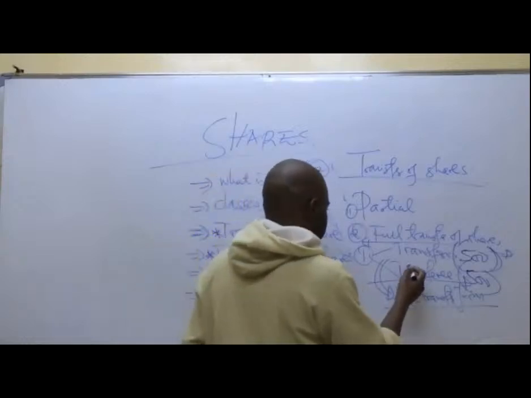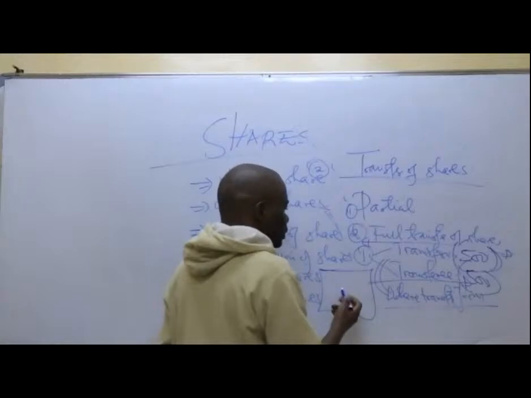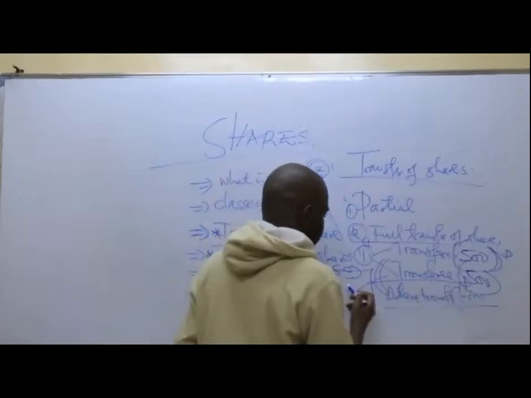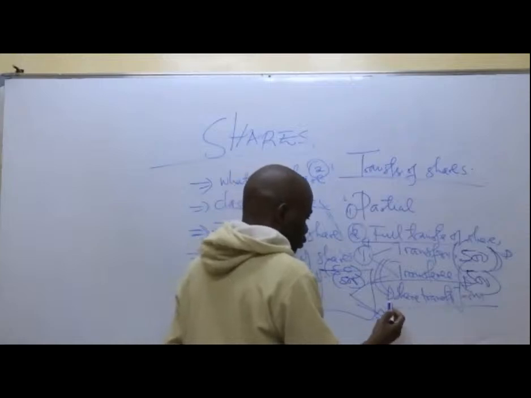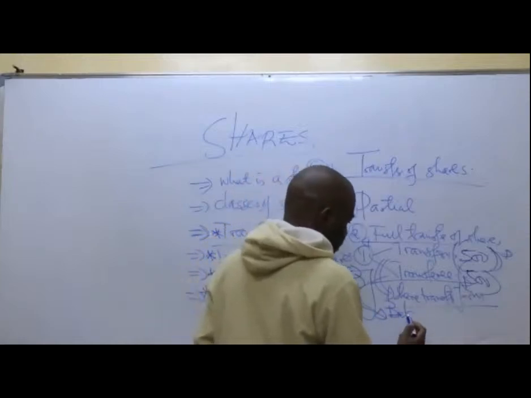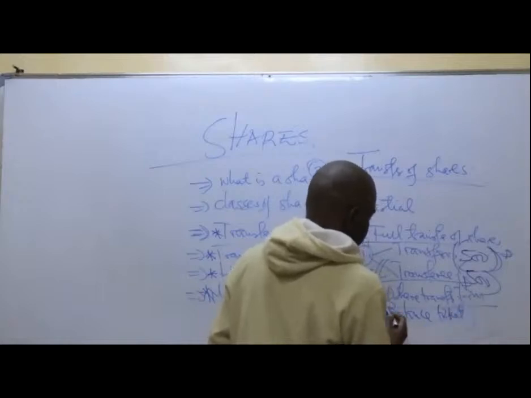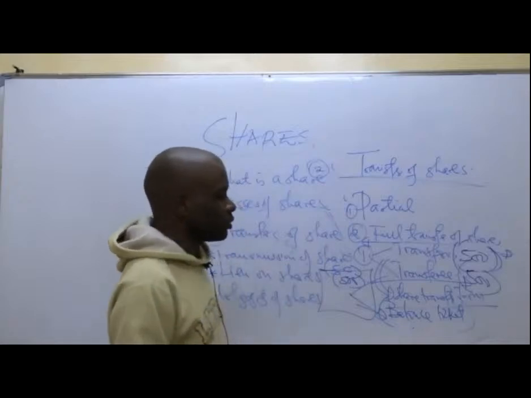The officer of the company will simply indicate on the share certificate the number of shares being transferred to the transferee, that is 500. And of course, they will also prepare what we call a balance ticket, a document clearly indicating the number of shares remaining with the transferor.